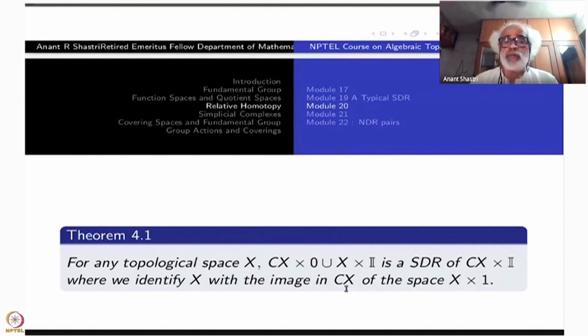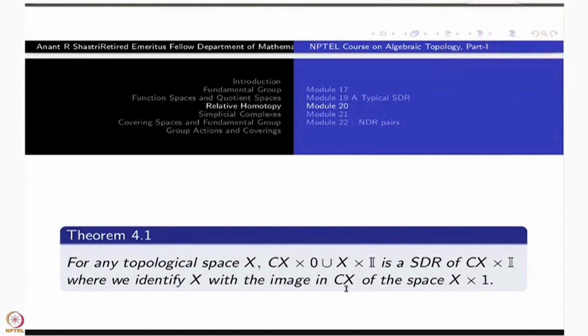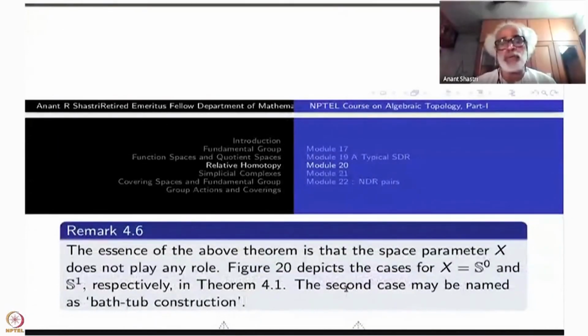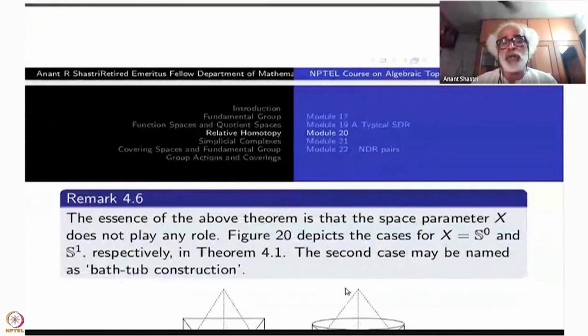Okay? So the bottom CX cross 0 and CX cross I, and X cross 1, X cross I itself, that is a subspace of CX cross I, is a strong deformation retract of CX cross I. So this figure I have already told you. Now I am drawing those two figures.